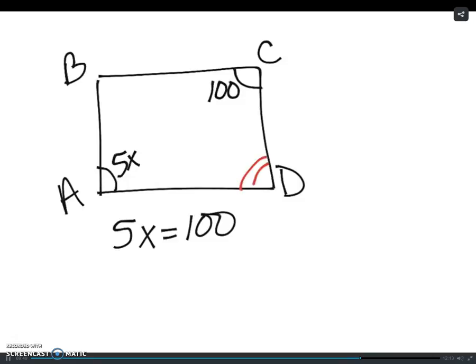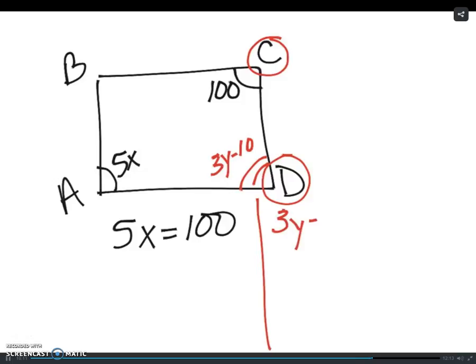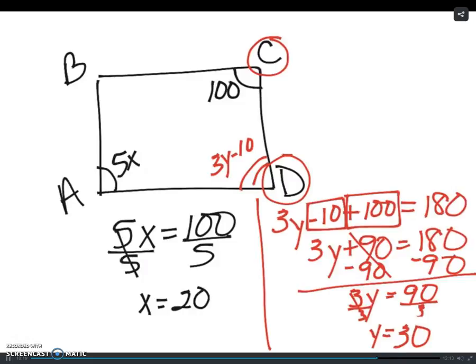What if I gave you this angle down here and told you it was 3y minus 10? C and D have to be supplementary because they're consecutive angles. So I could write an equation: 3y minus 10 plus 100 equals 180 degrees, and I could solve for y.